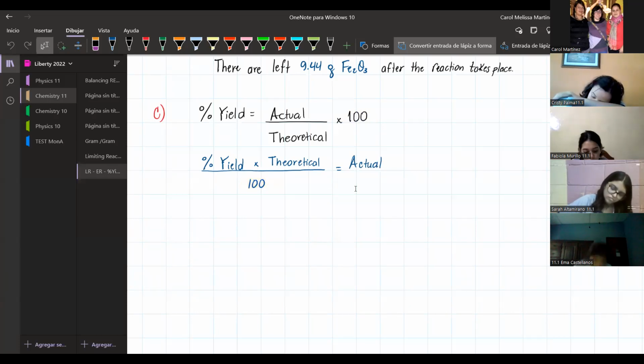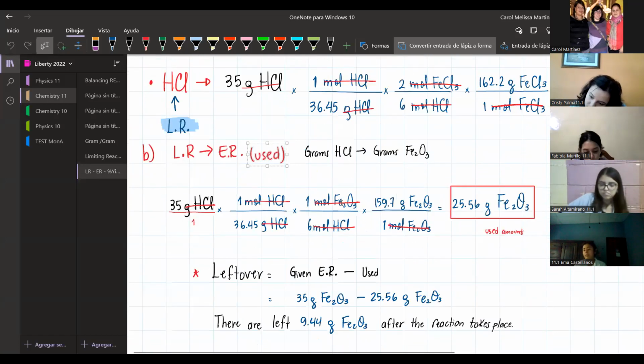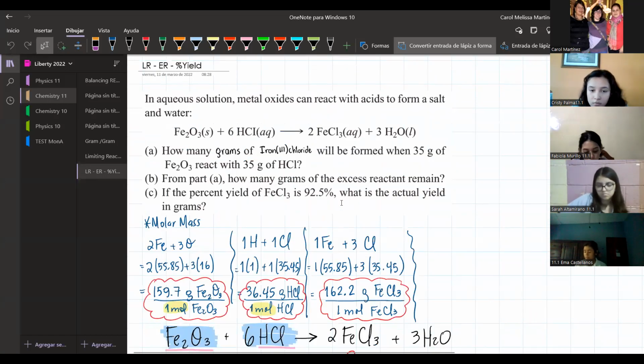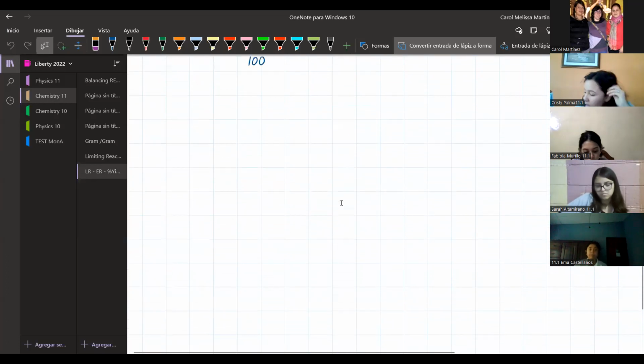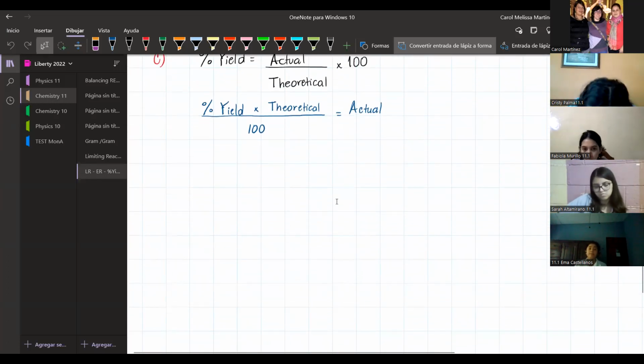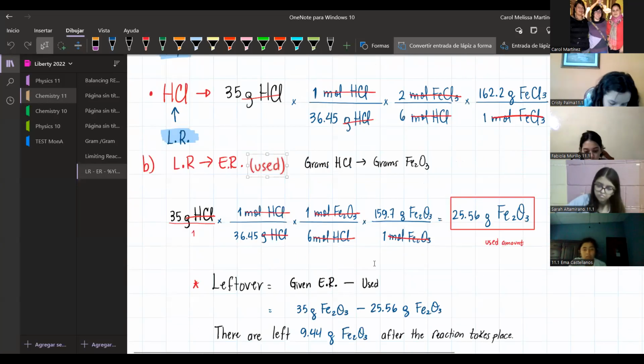Now the percent yield is, given in the problem, 92.5%.